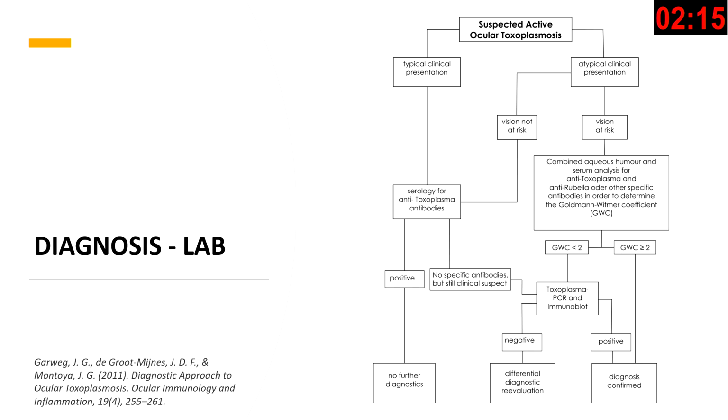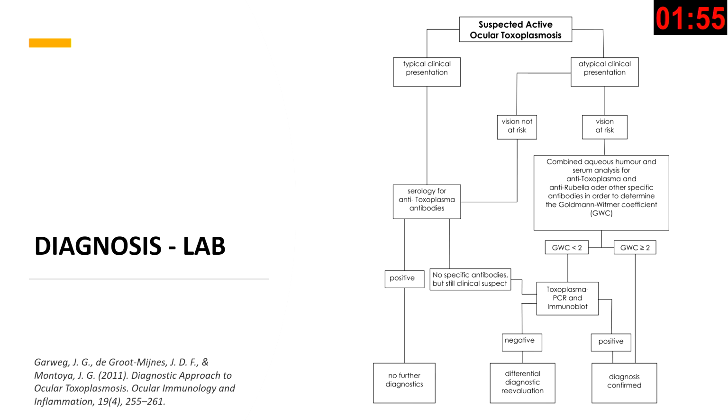In case it is an atypical presentation from the beginning, then obviously if vision is at risk, you can do the whole set of examinations: the antibodies, the PCR, and the Goldmann-Witmer coefficient, which is considered positive when it is more than 2.